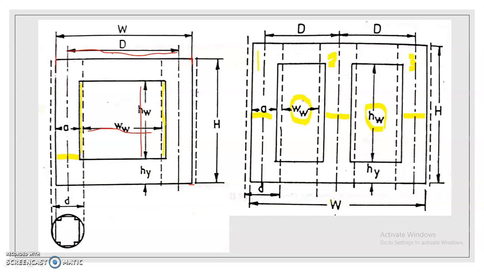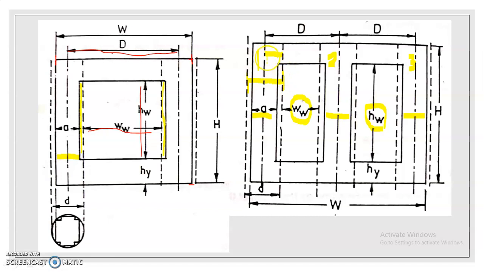We can calculate different terms by combining the different defining parameters. Suppose, for example, you want to calculate capital D. This total portion is nothing but D. From this vertical dotted line to this dotted line, it is small d.